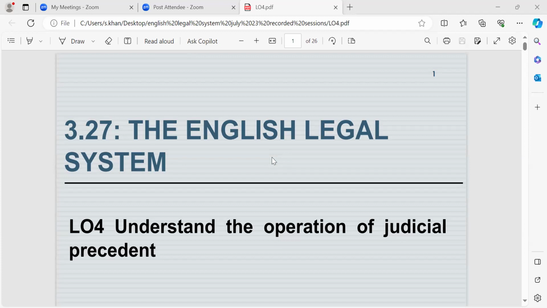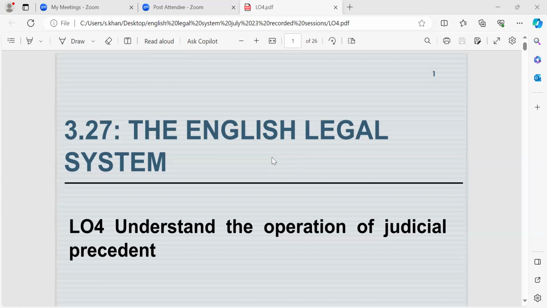Then we went on to looking at learning outcome 2, which is we looked at statutory interpretation, and we looked at the rules of statutory interpretation, such as mischief, golden, literal, and the judge's discretion, the importance of this when making a decision, because it's so important in regards to trying to come to a fair decision for the person.